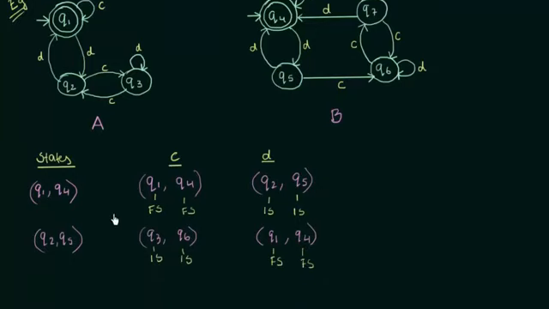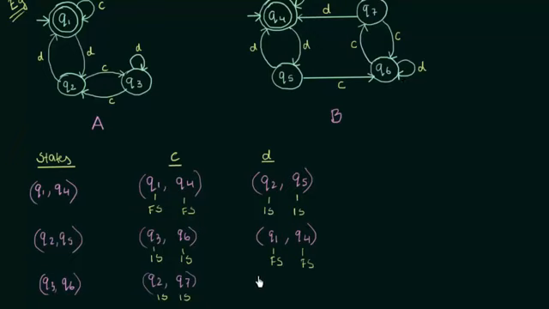Now we have to check the next pair of states, which will be Q3 and Q6. Q3 on input C goes to Q2, and Q6 on input C goes to Q7. Let's see whether they are intermediate states or final states. Q2 is an intermediate state, IS, and Q7 is also an intermediate state.